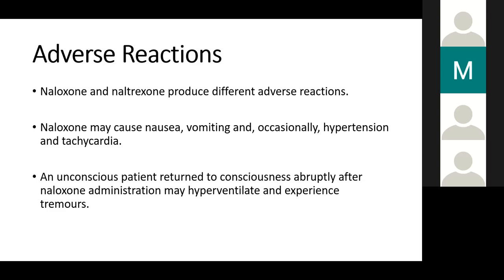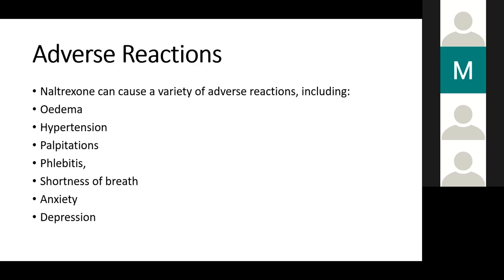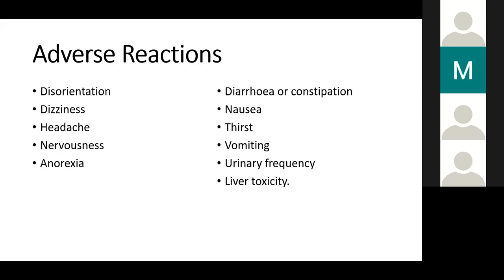In an unconscious patient, say with a morphine or pethidine overdose, if you give naloxone, the patient may hyperventilate and experience tremors. For naltrexone, the adverse reactions are more: edema, hypertension, all of these, as well as these.